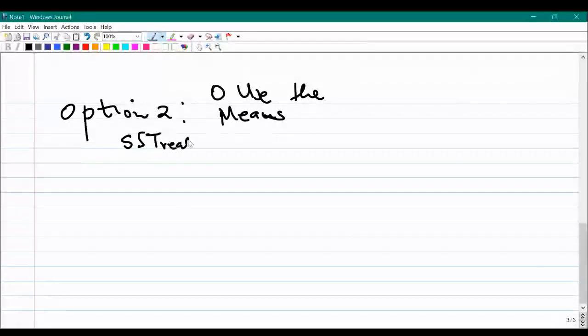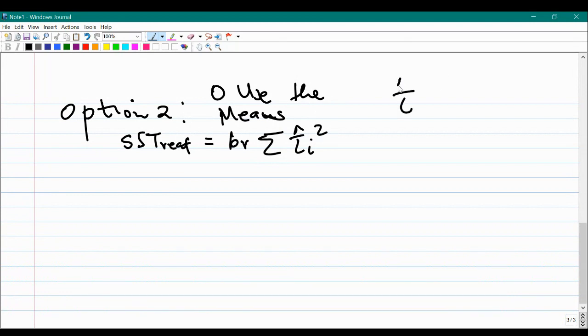SS treatment is the same as BR summation of tau i hat squared. So remember, tau i hat is given by yi dot bar minus the general mean, isn't it?